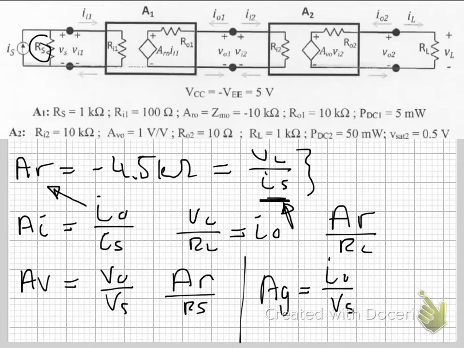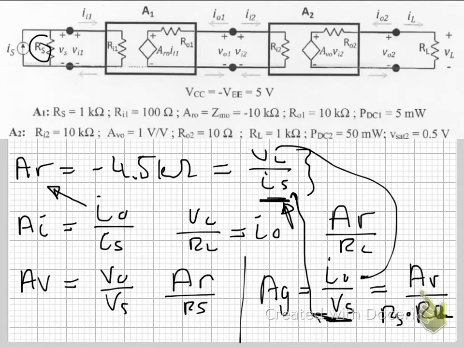So you would take your resistive gain and divide it by R of L, and also multiply by R of S, because here you're trying to get the source voltage from the source current, and you're trying to get your output current from your load voltage.